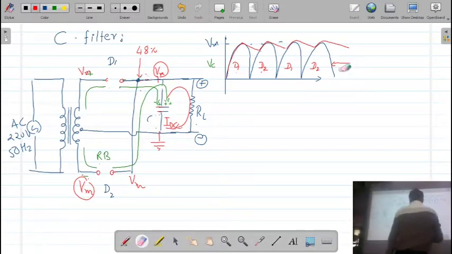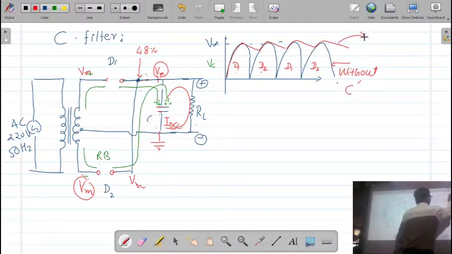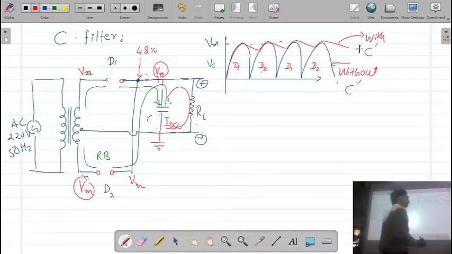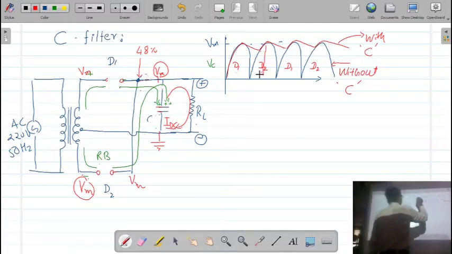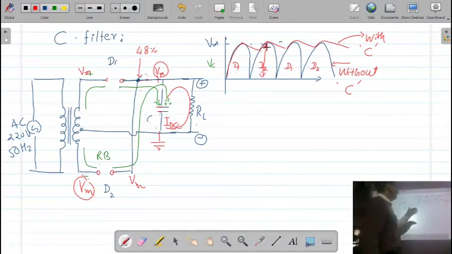This is A, C. And whatever the waveform here we have, it is with C. So you can see initially the amplitude of my AC component is this much, or you can say there is a variation of the voltage from Vm to 0.